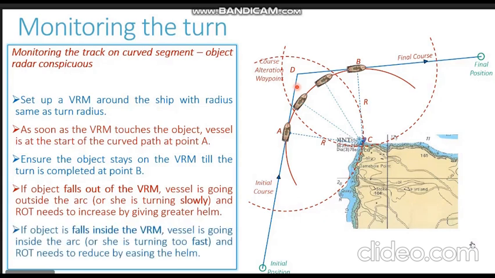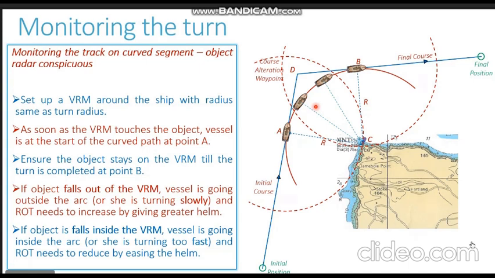And also, if at any point of time you observe that the object is falling inside the VRM, the lighthouse has fallen inside the VRM, it indicates that the vessel is going inside the planned arc or she is turning too fast, and the rate of turn needs to be reduced by easing the helm.